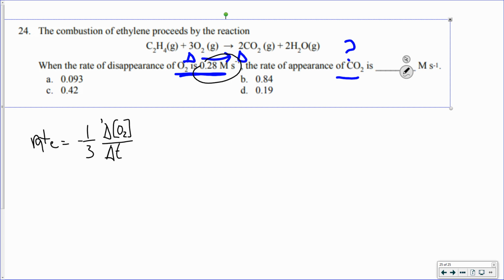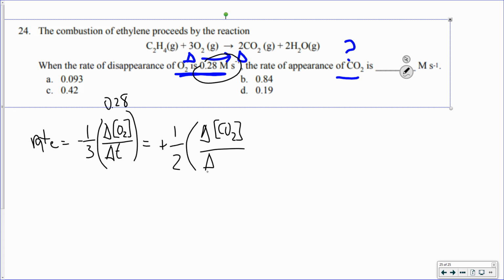So this 0.28 is equal to that ratio, which is equal to the rate. For the product, it would be a plus 1/2 times the change in concentration of CO2 divided by change in time. So now I'm trying to find out what this ratio is.